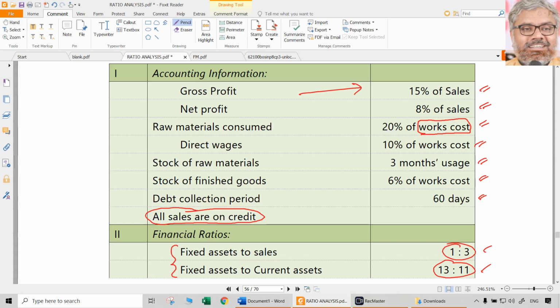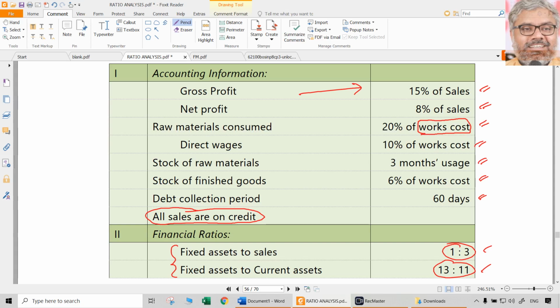So what is going to be the total of works cost? Raw material consumed plus direct wages plus direct expenses. When that is what is works cost, that itself is the cost of goods sold also, because the difference between these two after computation of the gross profit and sales, that will be considered to be works cost. So here, how much is that?